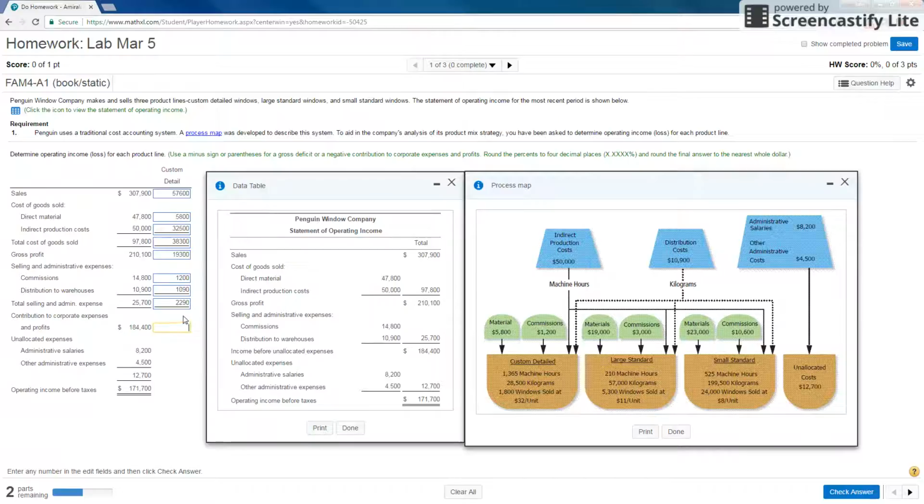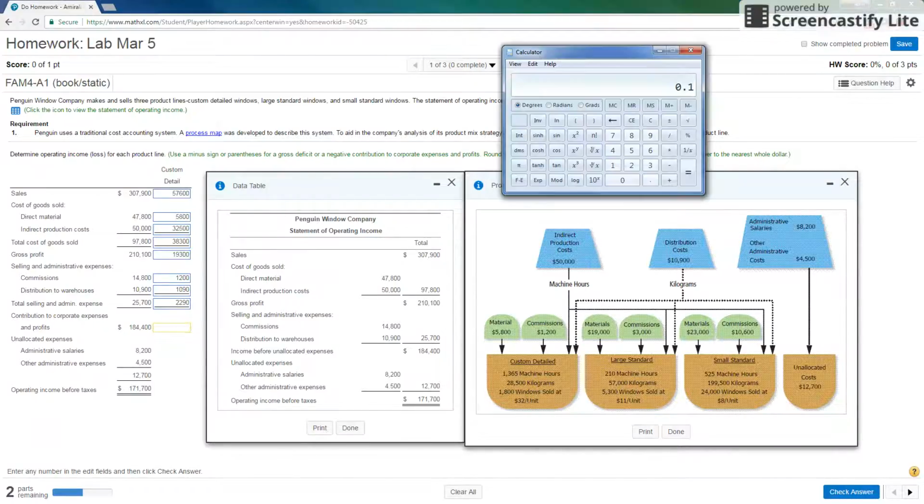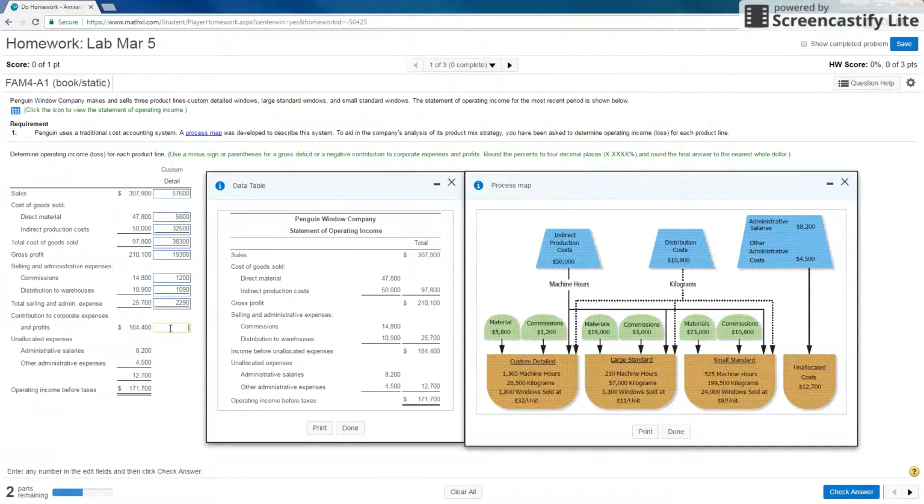And now what's the contribution to the expense and profit? You just need to calculate this number minus 2,290. So 19,300 minus 2,290. So it's 17,010.